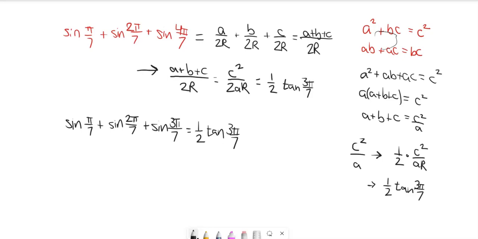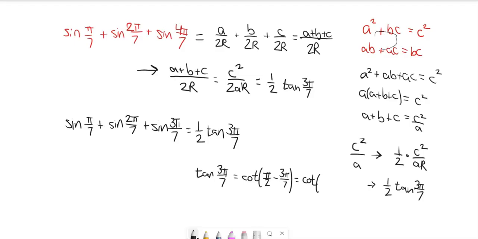What I want to do next is take the tangent of 3 pi over 7 and rewrite it as cotangent of pi over 2 minus 3 pi over 7. We're going to get the cotangent of something. Well, let's look at pi over 2 minus 3 pi over 7. Pi over 2 is equal to 7 pi over 14, and 3 pi over 7 is equal to 6 pi over 14.